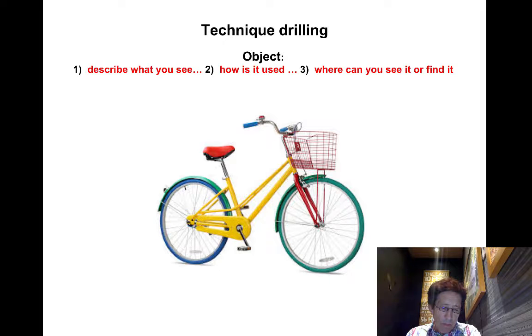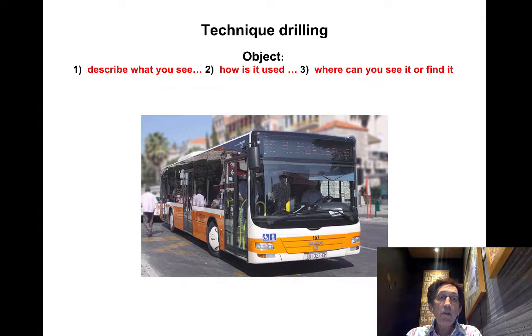There are 2 wheels on it, and we can ride it to work, to school, and we can see it on the street, and there are thousands of this object on China's streets. Very good.